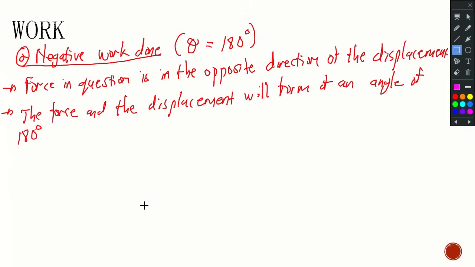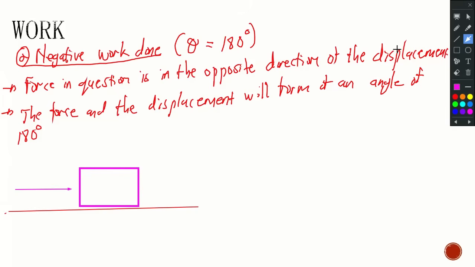Again, if we bring the same example that we had previously, this is the surface on which the object is moving. And there is a force applied of 50 newtons. But this time around, let's say we have a rough surface, right? So as this object is moving, it is experiencing kinetic frictional force.